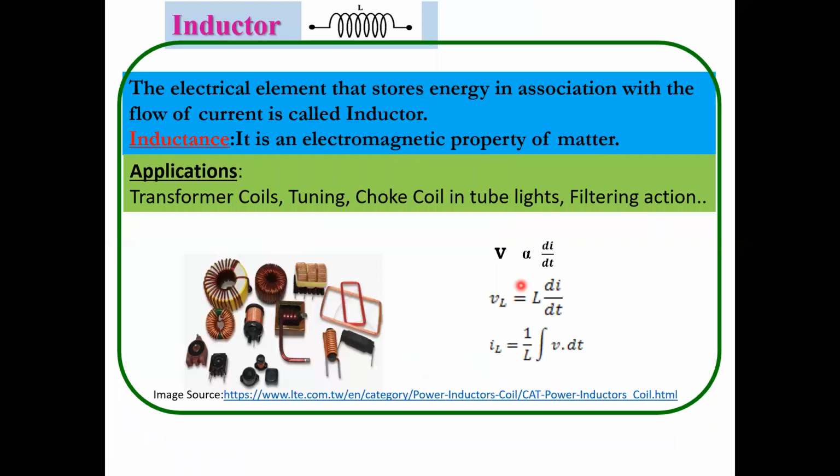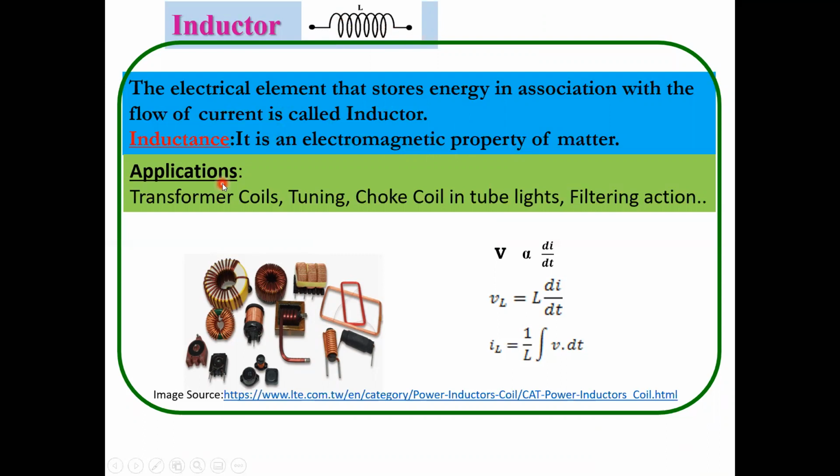Another one, inductor. An inductor is a coil like this. The inductor is an electrical element which stores energy when current flows across the coil. And inductance is a property. Which type of property is it? An electromagnetic property of matter.